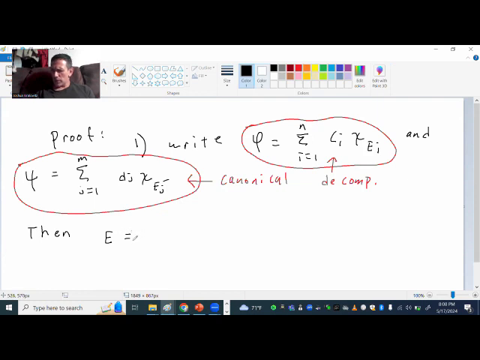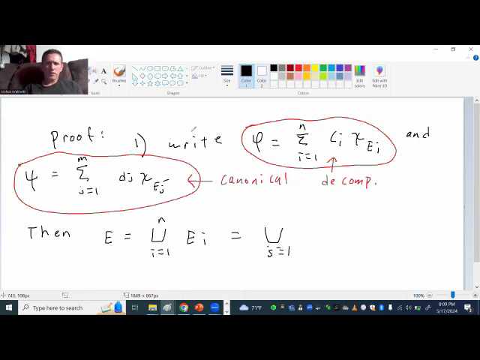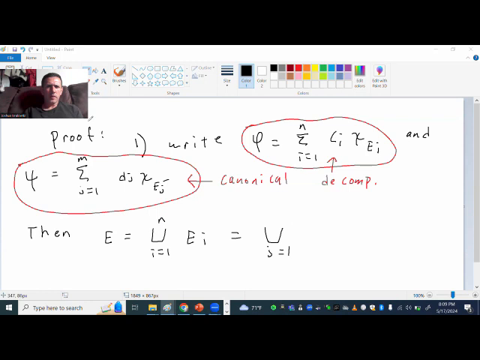I don't think we'll actually need that they are distinct, but that's okay. So i equals 1 to n, and this is also j equals 1 to m. Let's fix that a second.